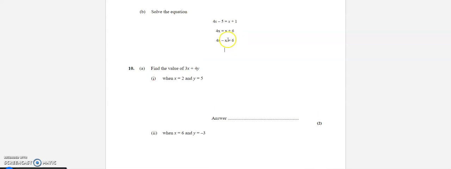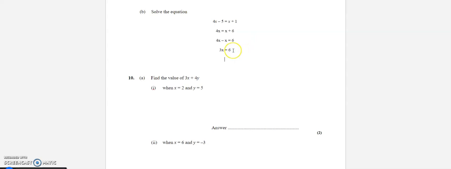So our final step would be just to do 4x minus x, which gives us 3x equals 6. And from there, we can just find what 1x is. So 1x in this example equals 2.